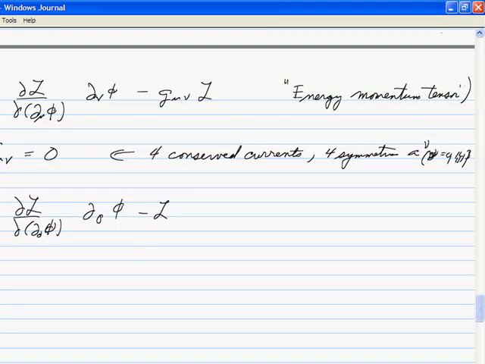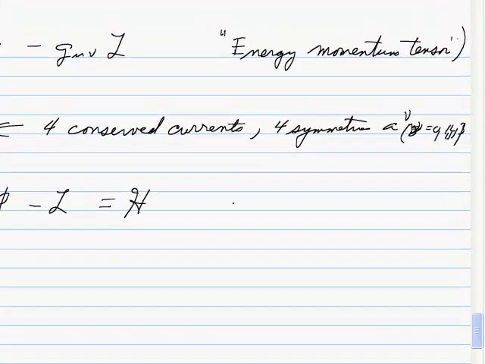So it's just g00 is 1. If you remember our early construction, that's our canonical momentum. This is our Hamiltonian density. This is the energy density. Okay.